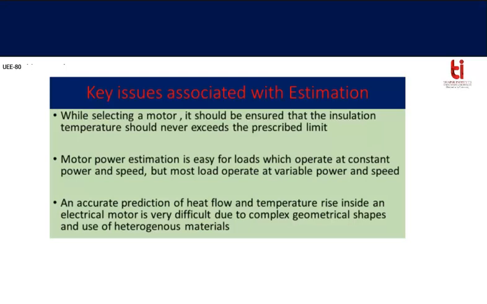An accurate prediction of effluent temperature rise inside an electrical motor is very difficult due to complex geometrical shapes and use of heterogeneous materials. Here what we will do, we will use approximation method. We will assume that complete motor is a homogeneous system. Same temperature is there across different parts of the machine. Then we will model that one. In later classes we will see.